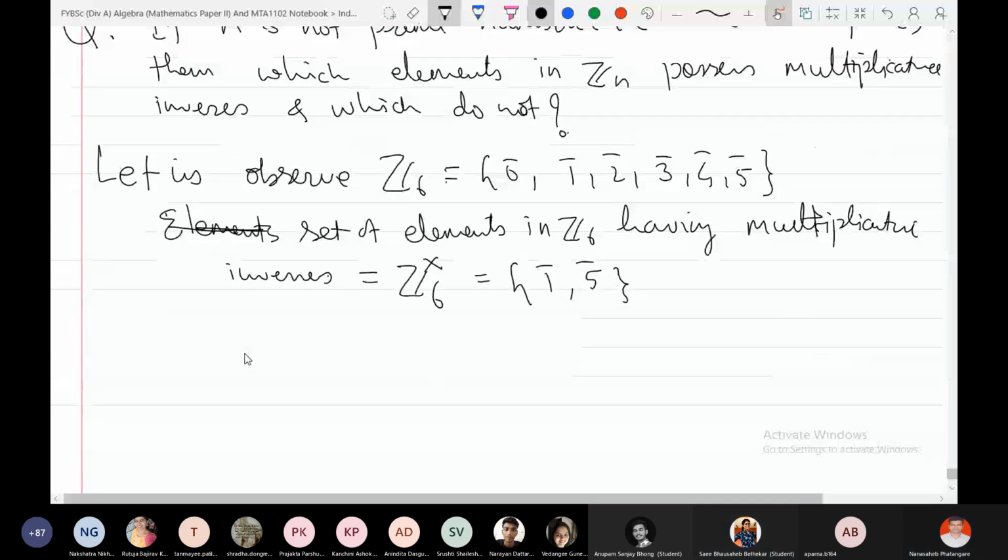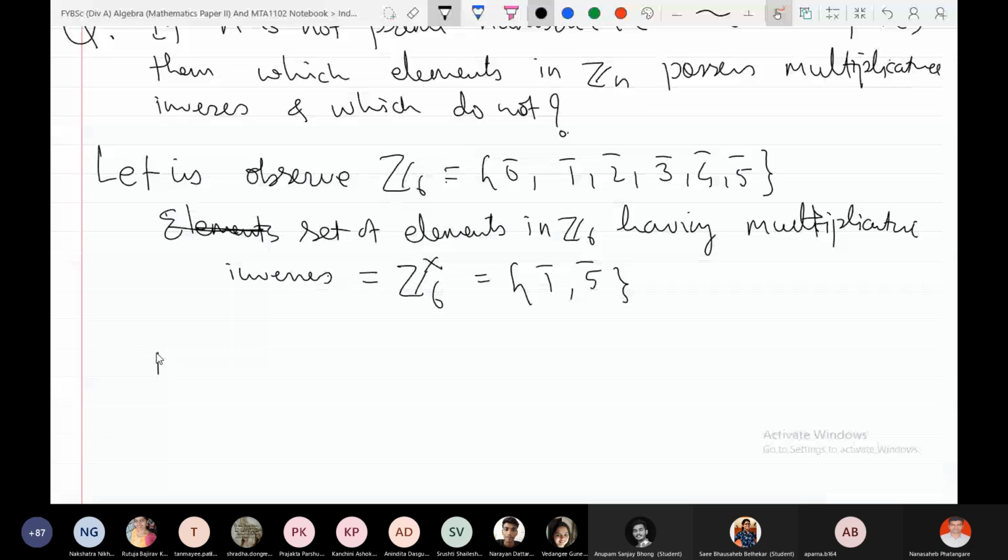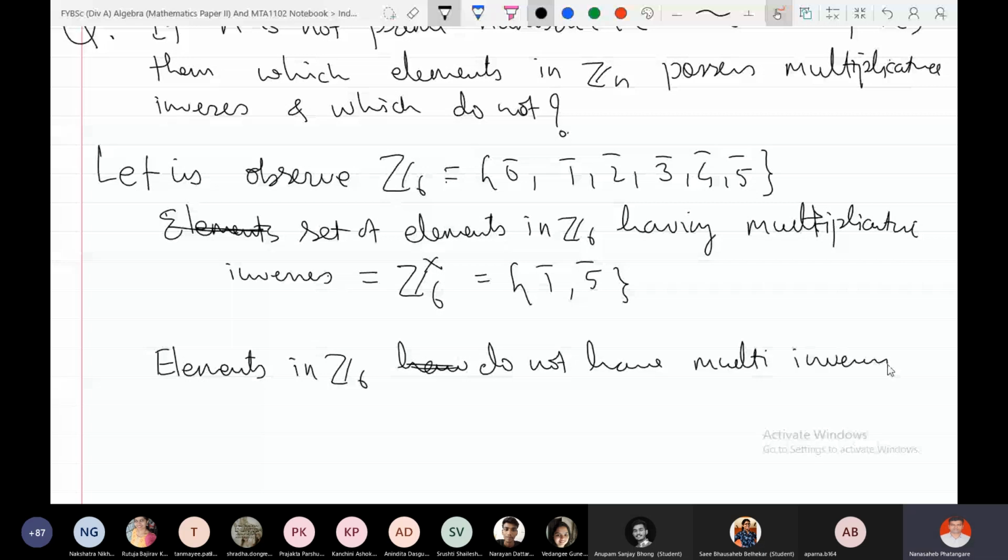Now the elements in Z6 that do not have a multiplicative inverse. And what is that set? Forget about 0 bar. 0 is not special for us. We are interested in 2 bar, 3 bar and 4 bar.